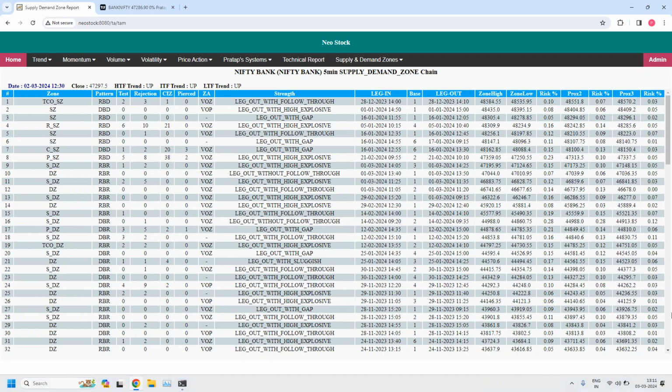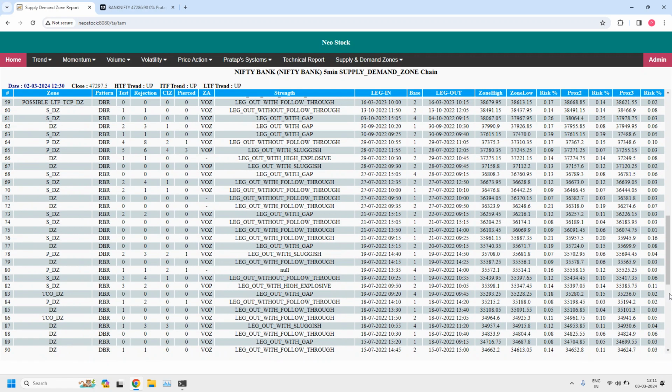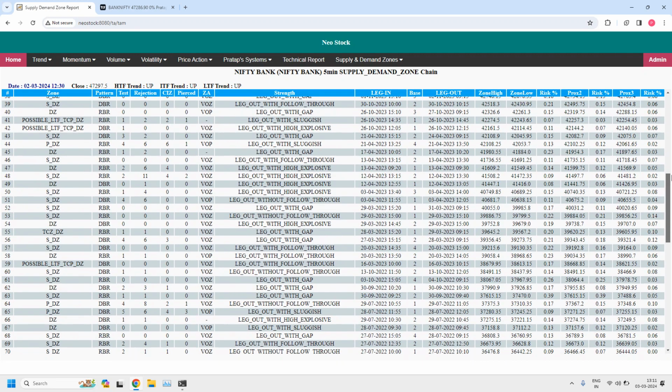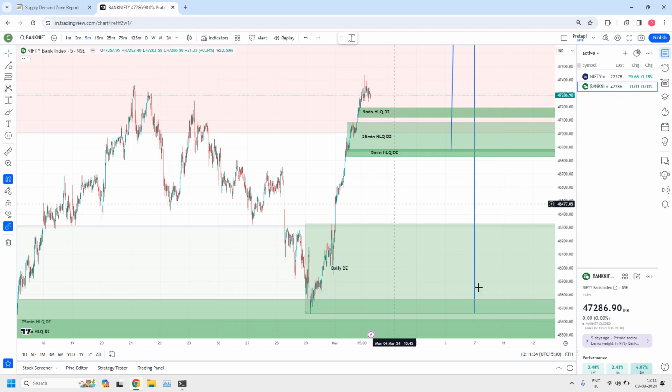For your reference, I am scrolling down in case you want to see zones even below this. I think this list could be good enough for you. So this is about Bank Nifty, supply demand zone chain, and these will be our orders.